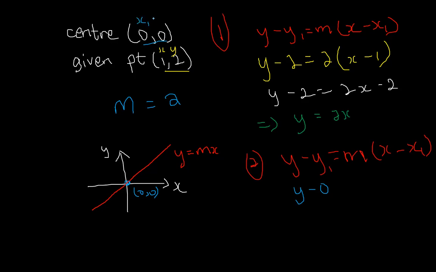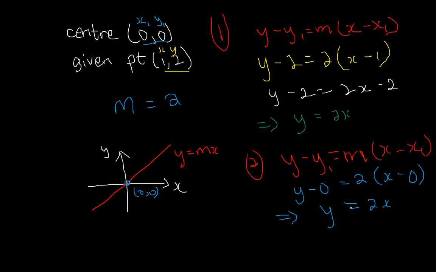because this is x1. Well, this is x and this is y. So is equal to m, which is 2, put back your x, minus x1 is 0. Y minus 0, that's just y. I could expand these brackets. 2 by x is 2x. But any number by 0 is 0.